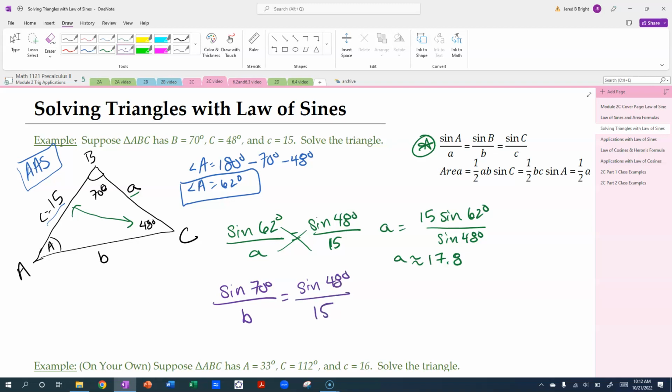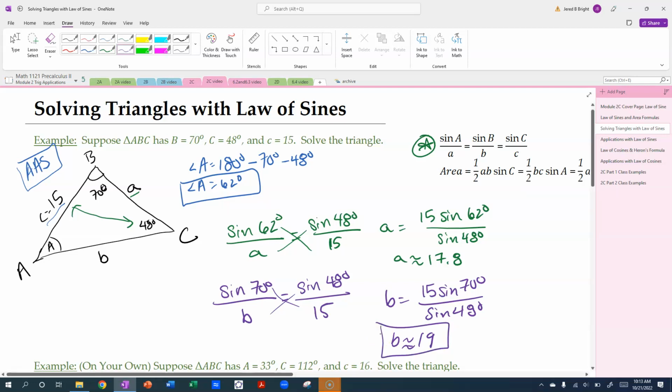Okay, and again, solving, so cross products, B would be equal to 15 sine of 70 degrees over sine of 48 degrees. And if you solve this, I got approximately 19. Okay, so there we go. We have all three sides and all three angles. So we're good to go.